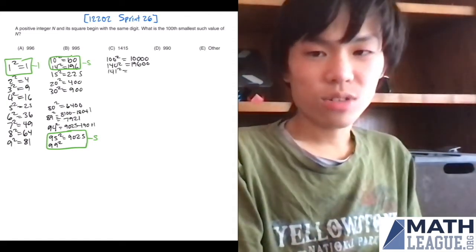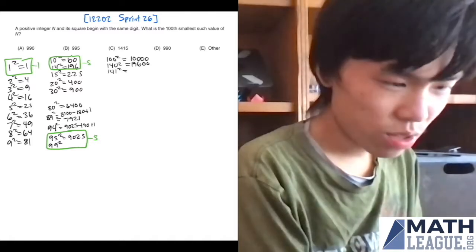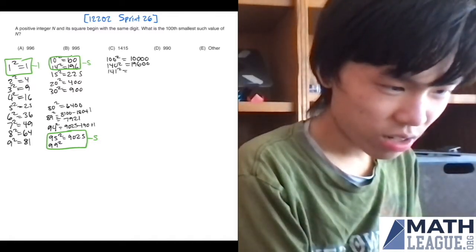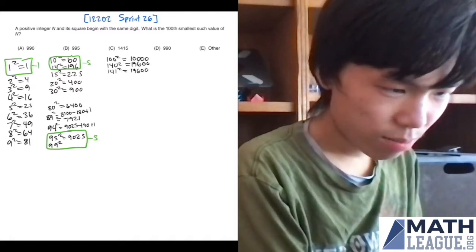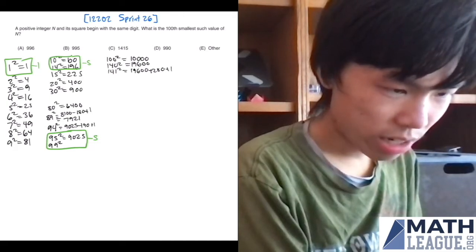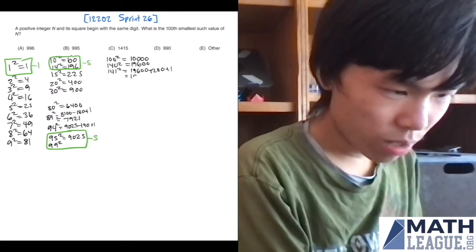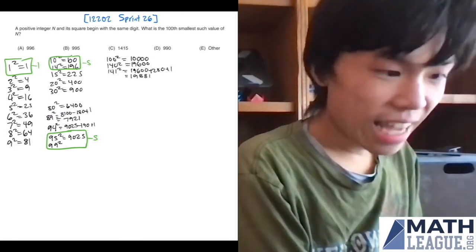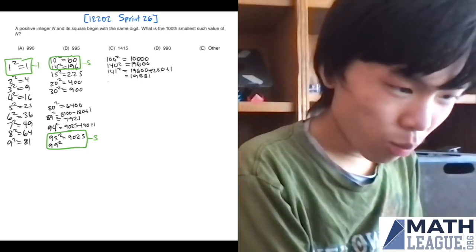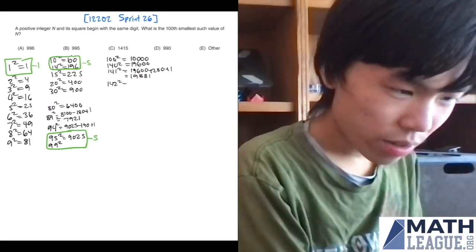Because rather than do some multiplication, I'm going to use another of those square tricks. So that plus 280 plus 1, and that is going to equal 19,881. That does work, but what about 142 squared?